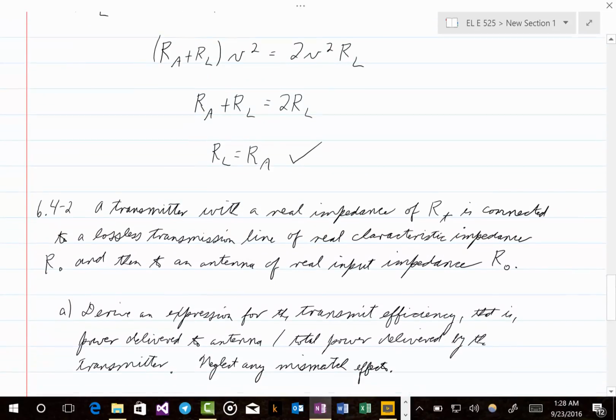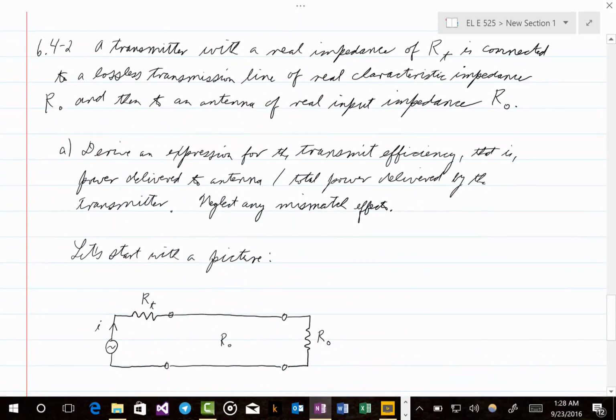Now in the second problem from this section, 6.4-2, it is dealing with a transmitting antenna. It says a transmitter with a real impedance of R sub t is connected to a lossless transmission line of real characteristic impedance R naught, and then to an antenna of real input impedance R naught.